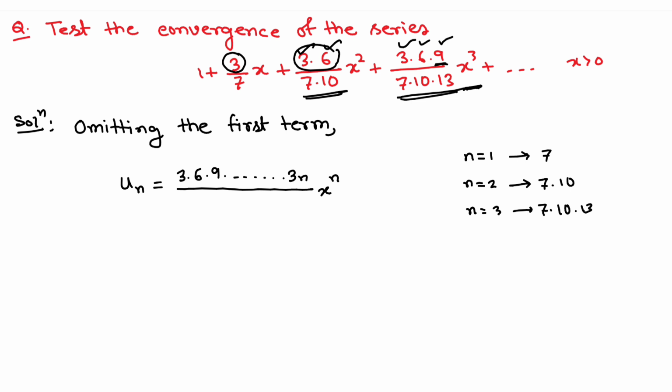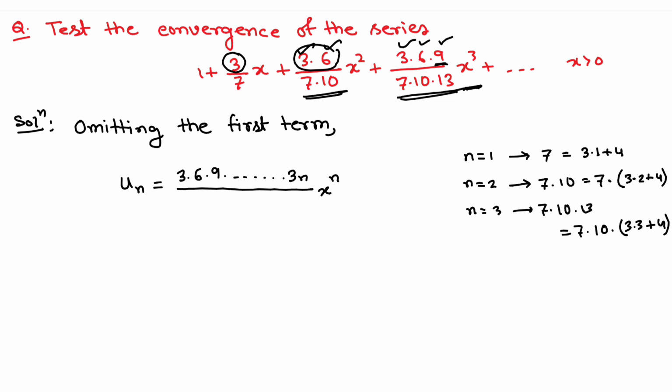When n equals 1, we can write 7 in this form, 3 into 1 plus 4. 7 into 10 means 7 into 3 into 2 plus 4. Yes or no? And this is 7 into 10, the previous two terms, into 3 into 3 plus 4.